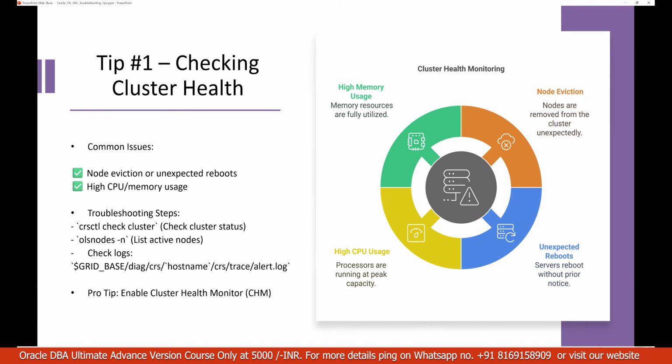So the first tip with respect to real application cluster troubleshooting is basically checking the cluster health. Okay, so any healthy system can be achieved only if we do the monitoring regularly. Basically, monitoring of a real application cluster could be related to high memory usage.